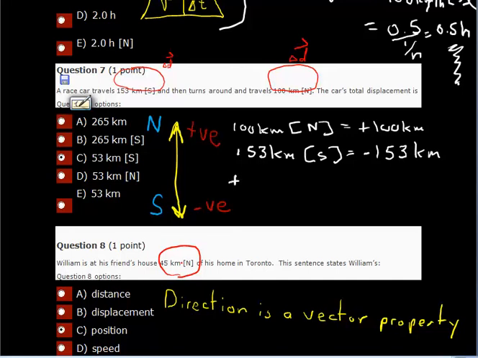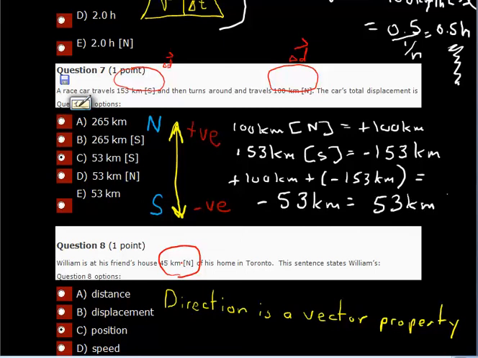Add them together: plus 100 kilometers plus minus 153 kilometers equals minus 53 kilometers, or 53 kilometers south, because south was negative. So right here it is answer C, 53 kilometers south.